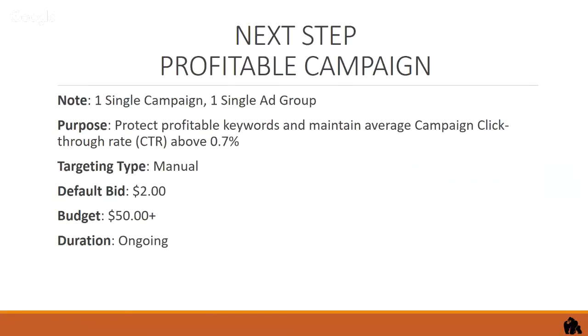Again, it's going to be a manual targeting campaign. Default bid is $2, and the budget will be $50 or more. Now, as Rob mentioned to start with, we're looking after a number of accounts, and one of the particular accounts, I think our daily average is about $300 at the moment per day.